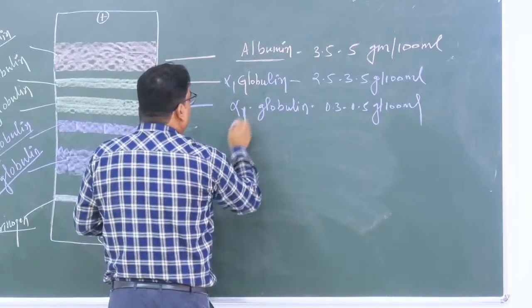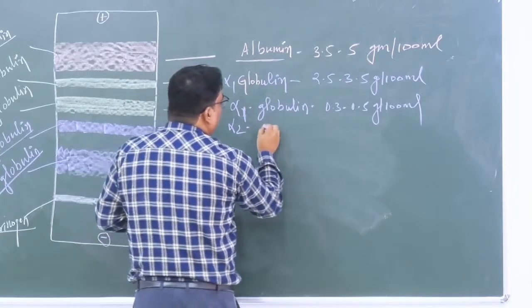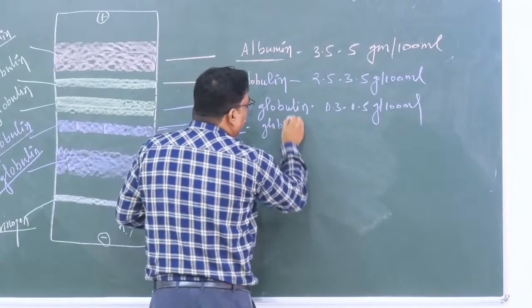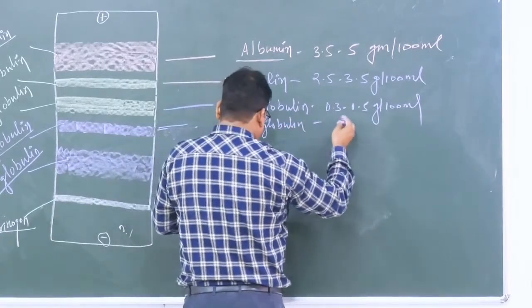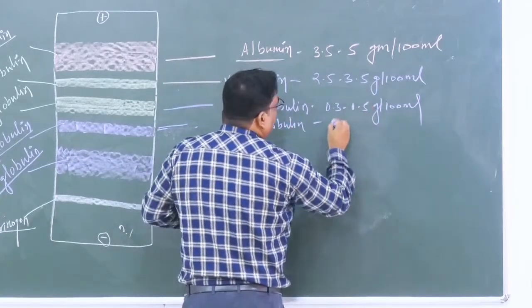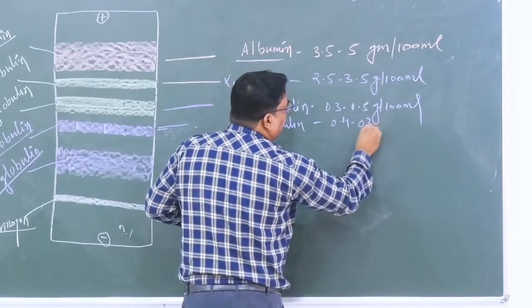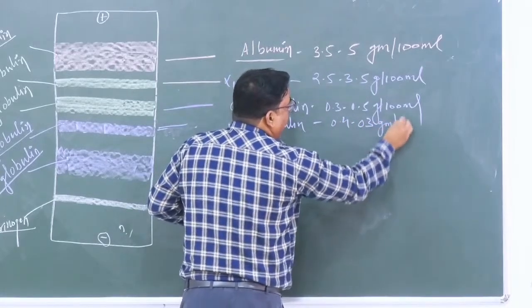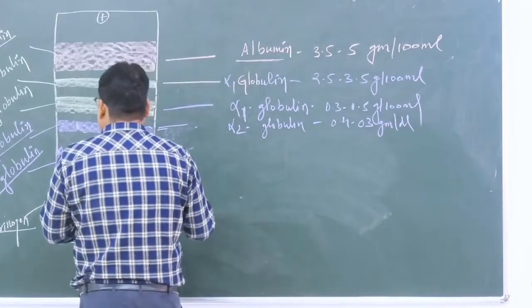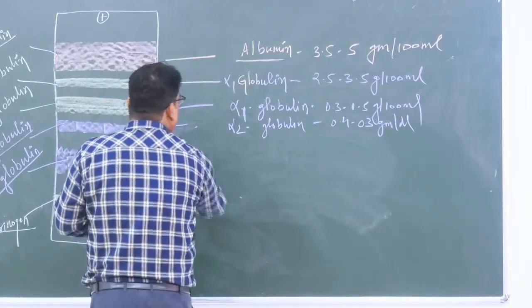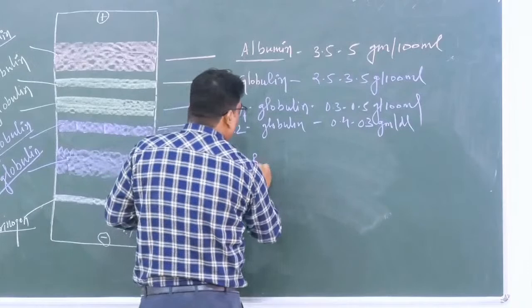You write here alpha 1 globulin, alpha 2 globulin, it is 0.4 to 0.3 gram per dl.